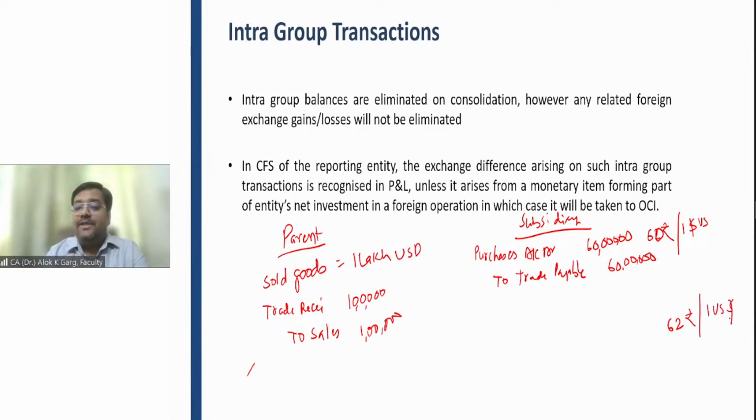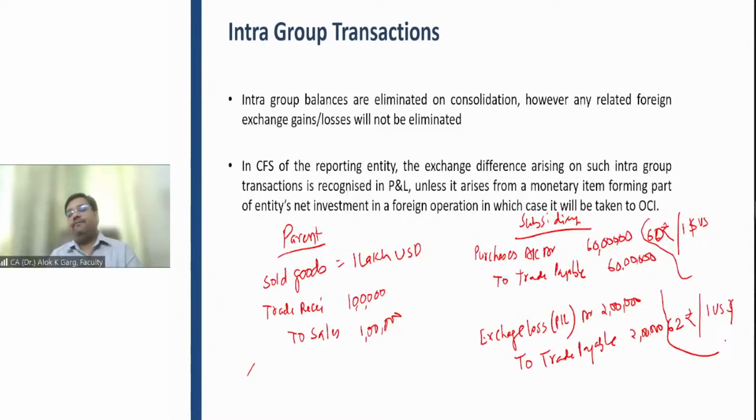So this subsidiary will put exchange loss account debit in the P&L, 2 lakh rupees, to trade payable, right? Its liability got restated at 62 lakh rupees, and there will be a 2 lakh rupees loss.